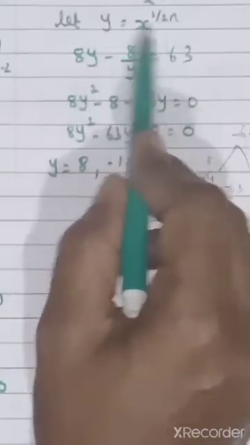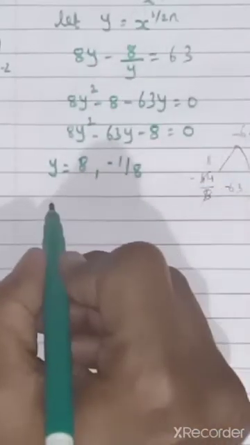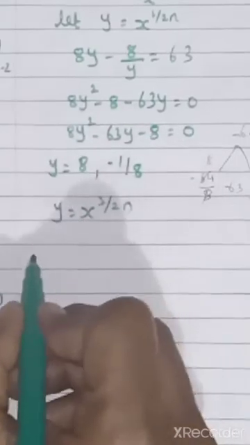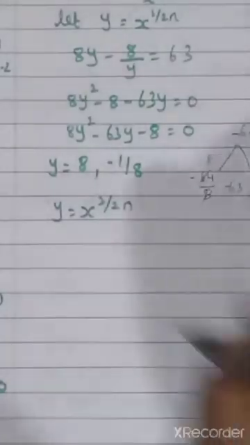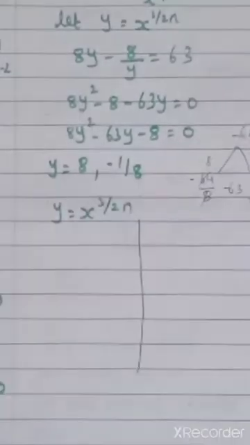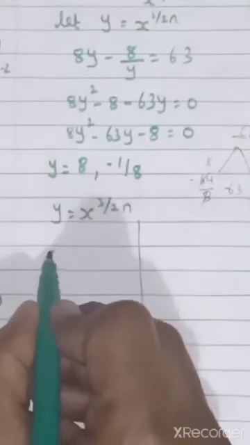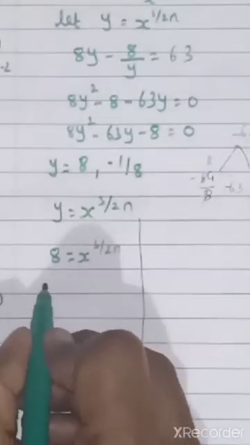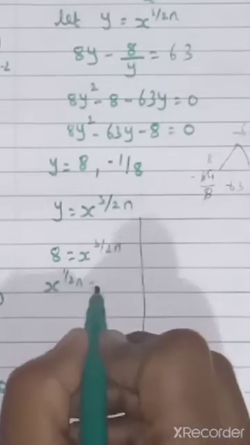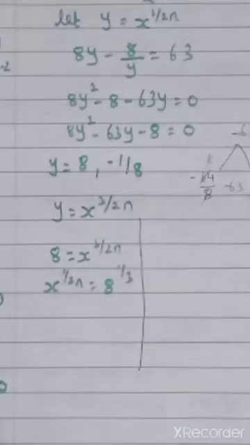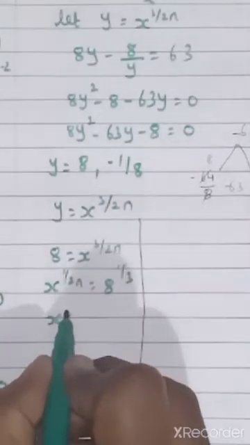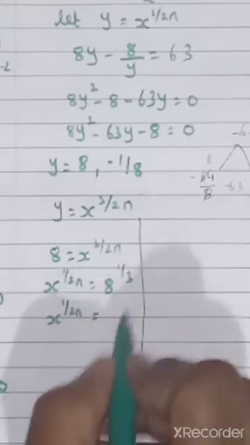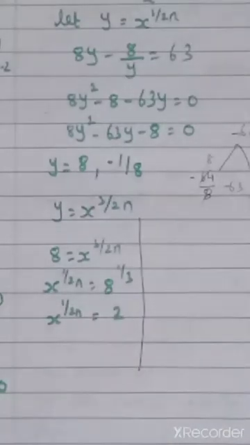Now y equals x^(3/2n). If you take y equal to 8, then 8 equals x^(3/2n). Next, x^(1/2n) equals 8^(1/3). Now x^(1/2n) is equal to 2, since 2 twos are 4, 2 fours are 8, and the 3 cancels.